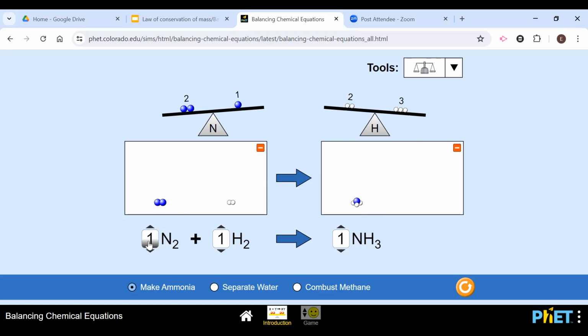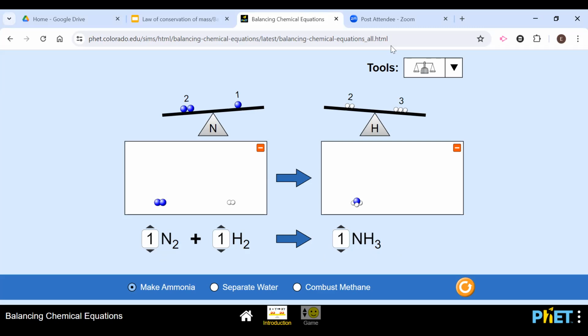We can only change the coefficient. Coefficient, remember, is telling you the number of sets of each substance. But you cannot change the subscript. If you change it, then you've messed up. You are not agreeing with the law of conservation. You created or destroyed matter.